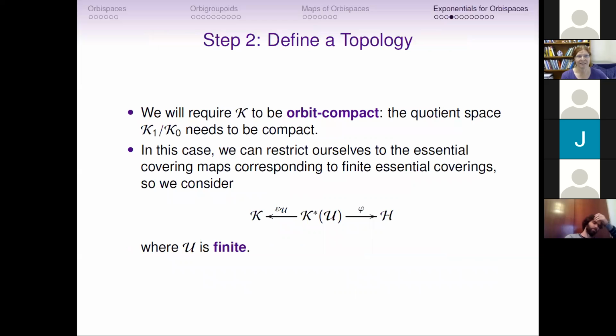Okay, our second move is now we're going to have to start making some assumptions for things to work. We're going to require that our Orbispaces be orbit compact. So we're going to get some compactness requirements. And in that case, these essential coverings, then we can actually get down to finite coverings. Okay.